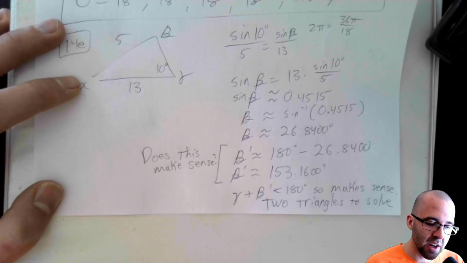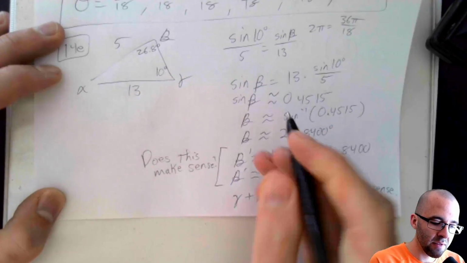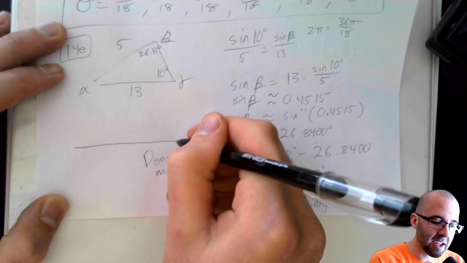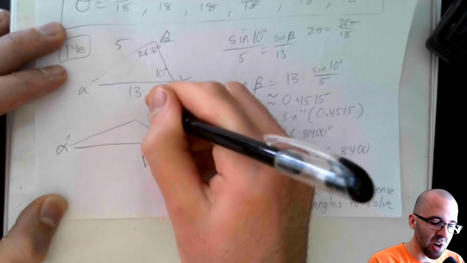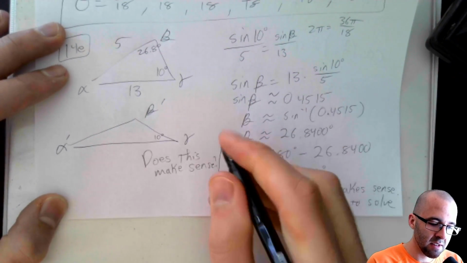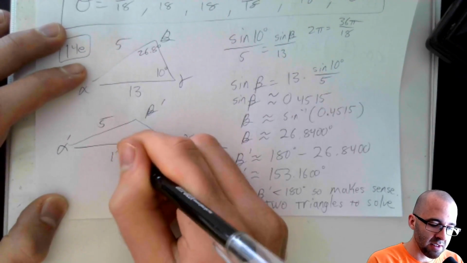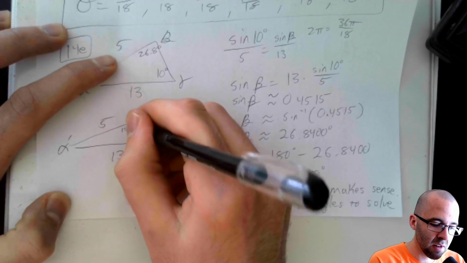So we have this one triangle where beta is 26.8 degrees. And then we have a second triangle where we have alpha prime, beta prime, gamma is still 10 degrees. This is still 5, this is still 13, but now beta prime is 153 degrees.